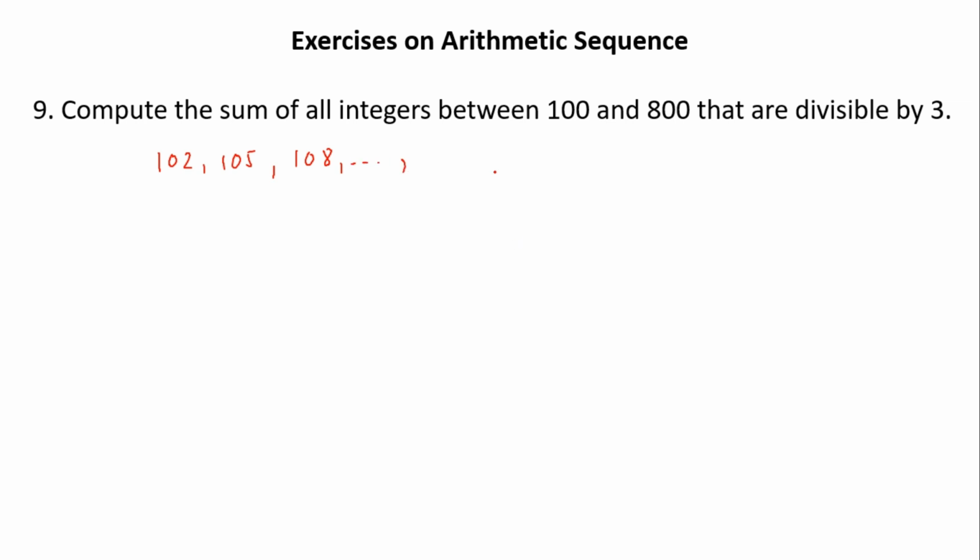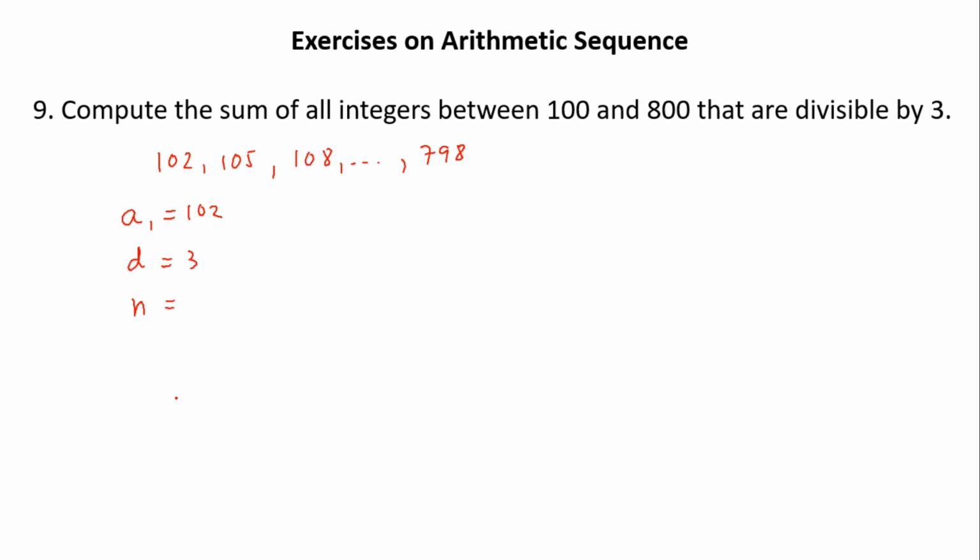The largest is 798. Now, obviously, we have a sub 1 equals 102. Common difference equals 3. However, we don't know the number of terms.